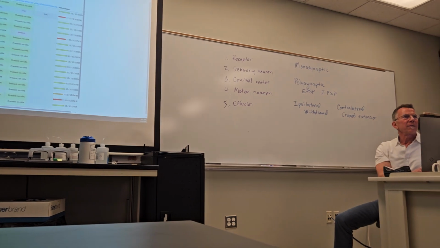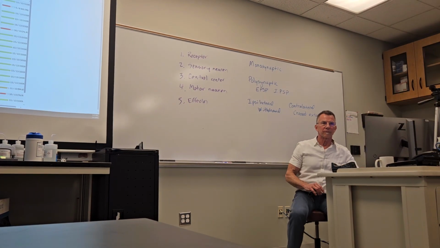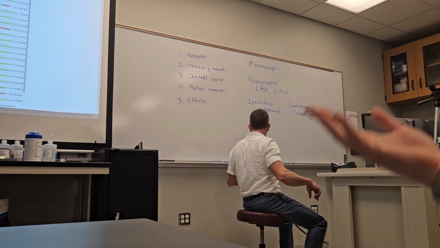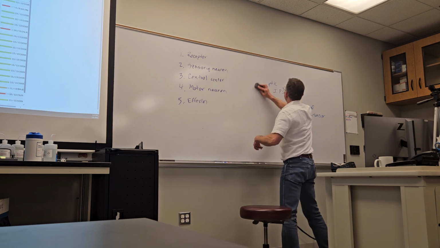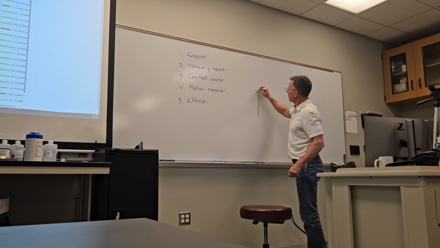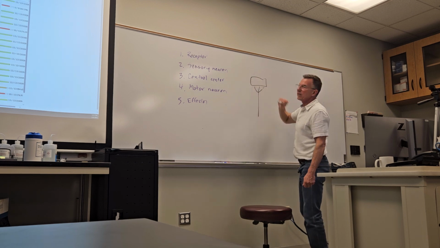What is a receptor field? Like your fingers versus your thighs. So you got the right idea here. A receptor field is one neuron and the amount of skin that it innervates.